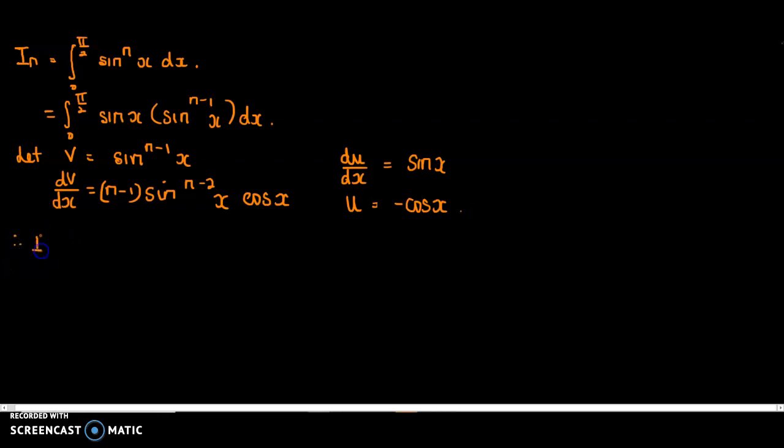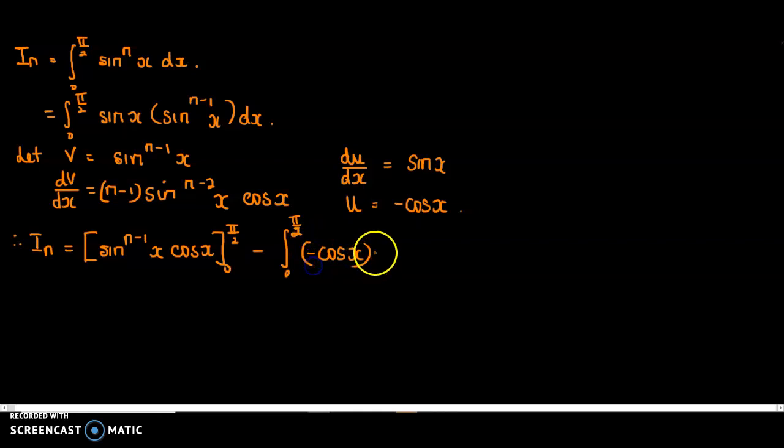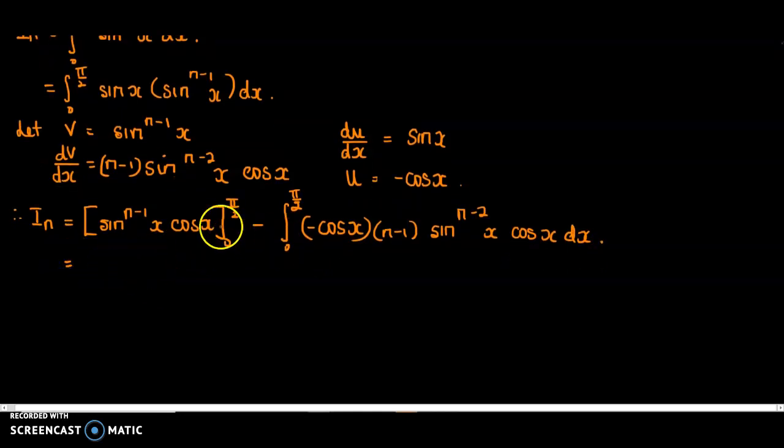So therefore now In is equal to uv, so it's sine n minus 1 x by cos x evaluated between 0 and pi on 2, minus the integral between 0 and pi on 2 of minus cos x by n minus 1 sine n minus 2 x cos x dx, which equates to, and we know that sine of pi on 2 is 1, but cos of pi on 2 is 0, and the sine of 0 is 0.